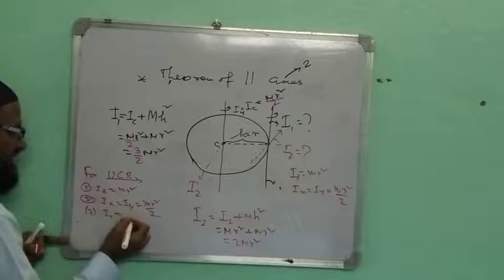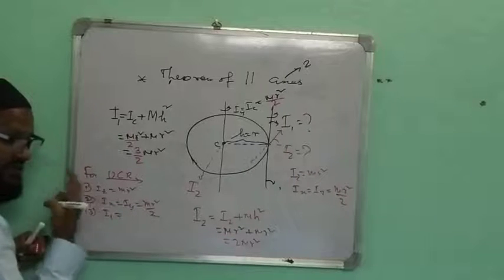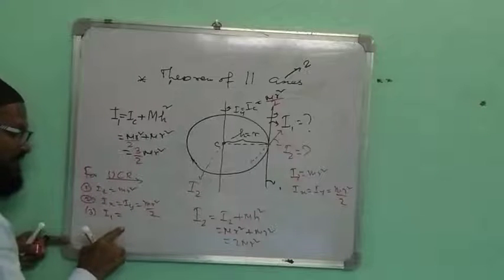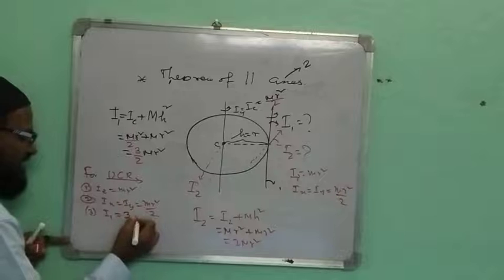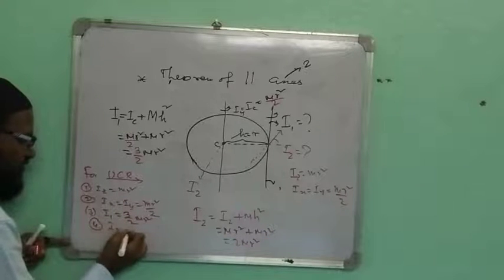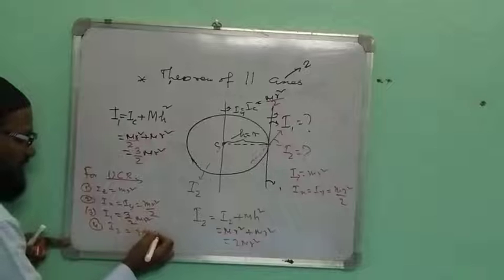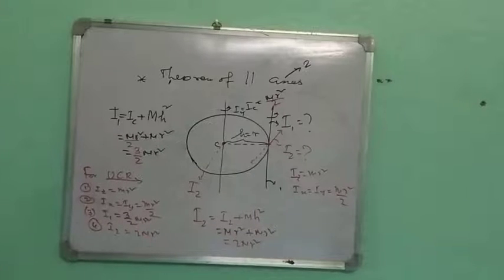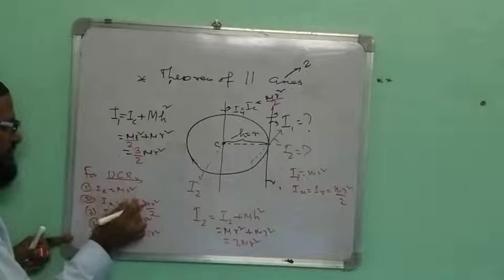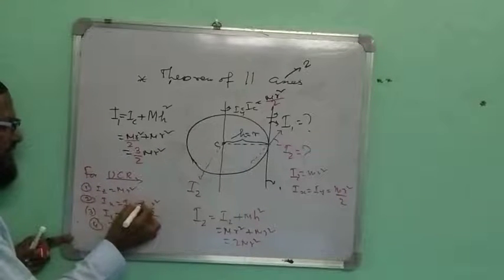This is a tangent. Which tangent? In the plane of the ring. The formula is 3 by 2 M R square. The formula for I2 is 2 M R square. You can take capital M, no problem. This is capital M. Okay?